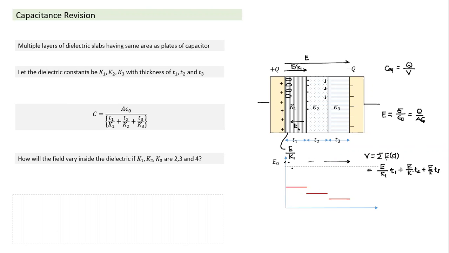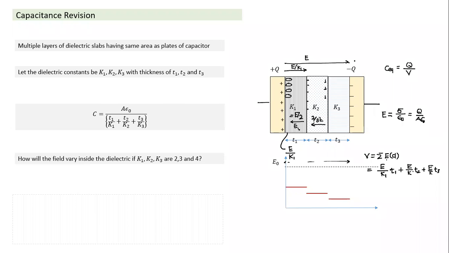And why is that so? Why has it become half? Because if this field is E, the induced field also is equal to E by 2. That's why the resultant field has become half. This has become 1/3 because the induced field is 2/3 of the external field. And why has this field become 1/4 resultant?